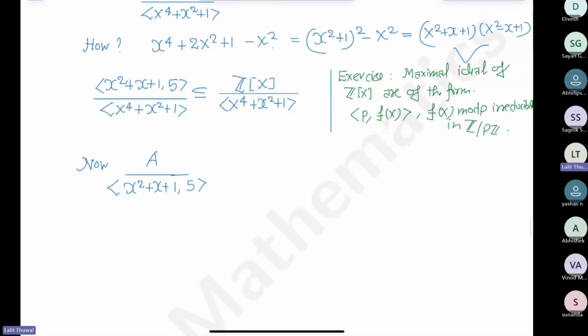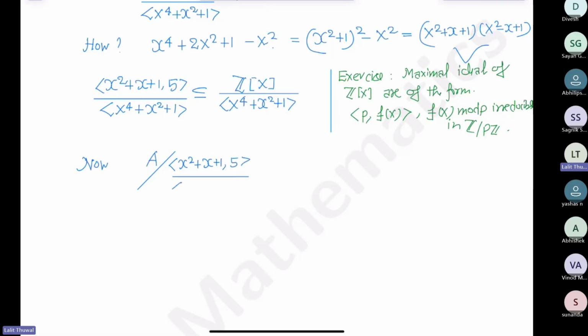I think you took 5 because x squared plus x plus 1 is irreducible in Z_5. Yeah, very good. You got it right.